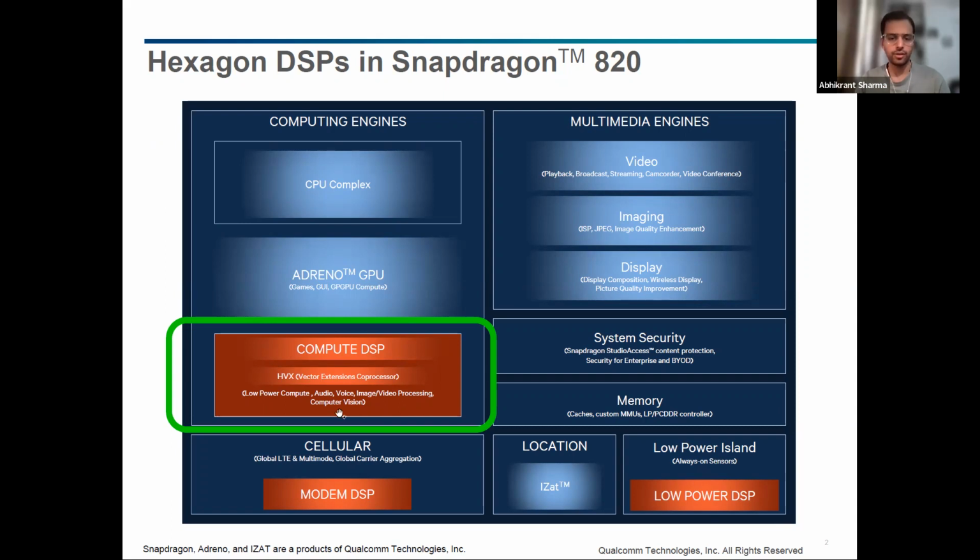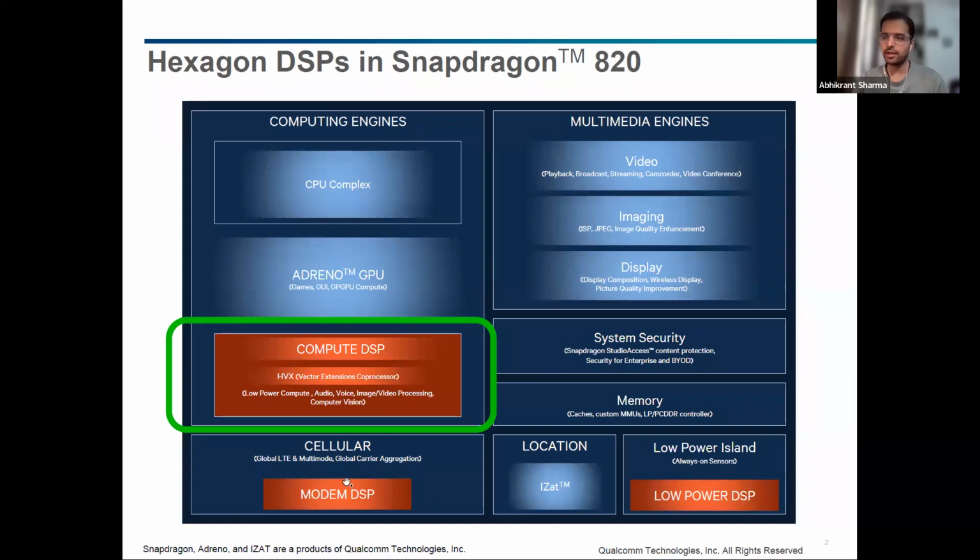It is obviously used for all the computer vision applications used by the camera pipeline on the Snapdragon hardware. Apart from the compute DSP, there is another DSP that is dedicated to modem processing. This modem DSP is mainly used for all the communication related work that is needed by the hardware.